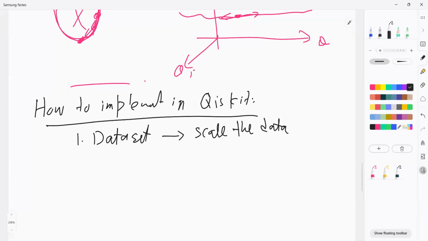In my notebooks it might not be scaled, and you will have to scale it yourself. Even if you work without scaling, it will still work, but the results would not be that good. If you scale, the results could be pretty good.